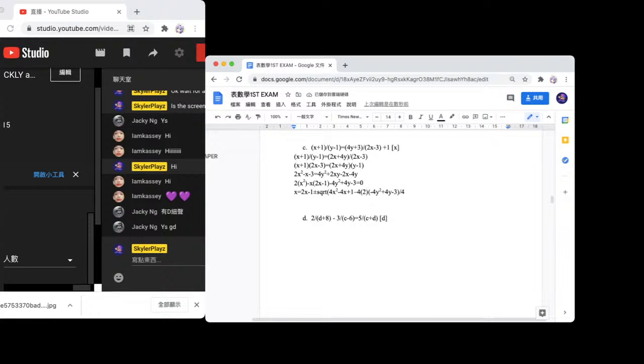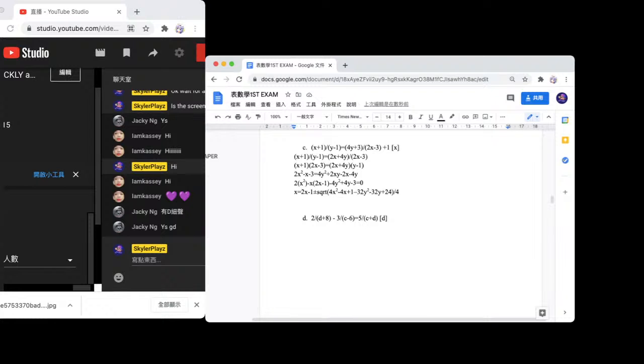We can simplify this by expanding the expression. Okay. 32y plus 24 divided by 4. And that's our answer.